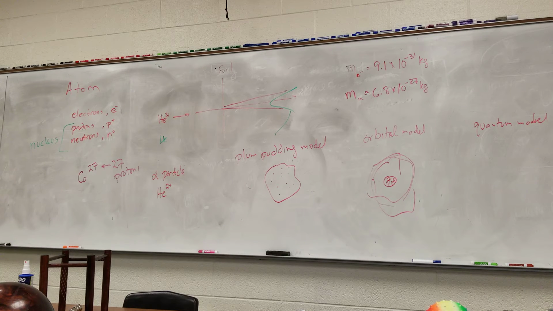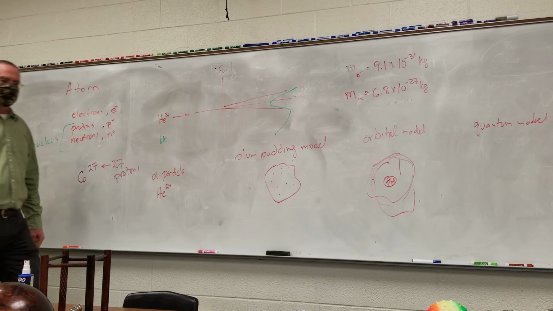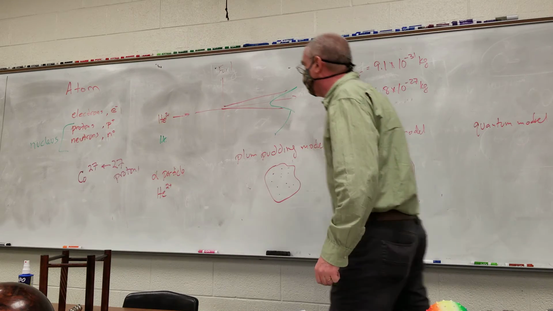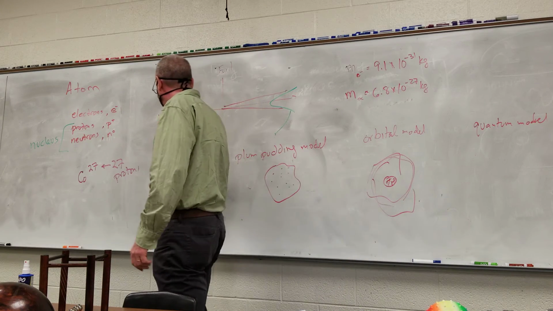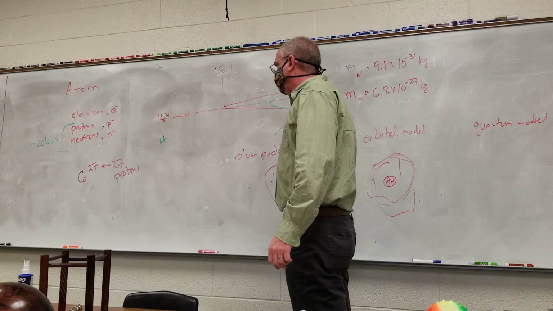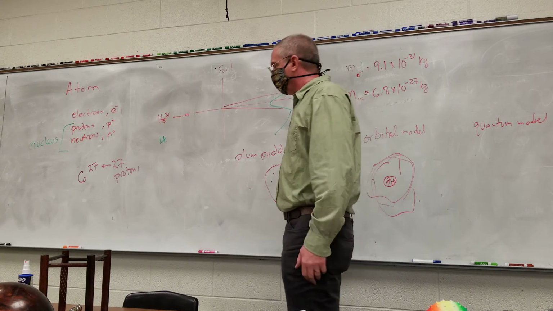So if I take lead, right here, if I can somehow knock 3 protons out of the nucleus, I can create gold. It is possible, but the cost would be far more than you would ever get out of it, other than just satisfaction of turning lead into gold. I doubt you'd get much funding for doing that, though.